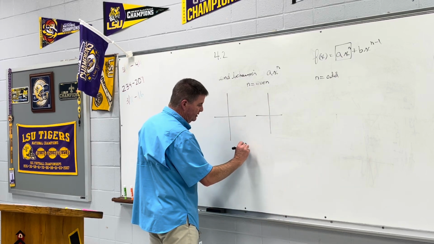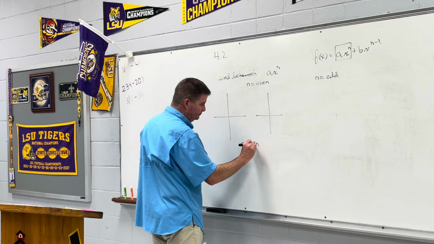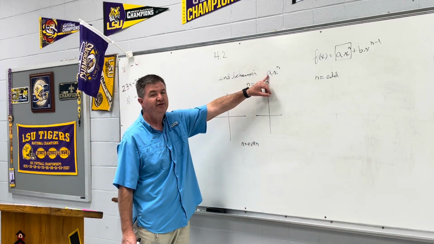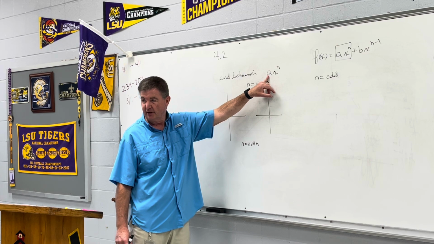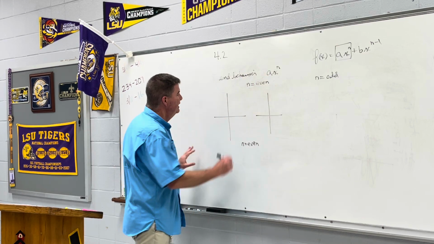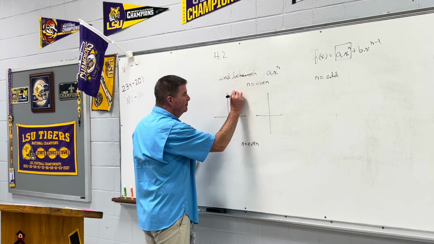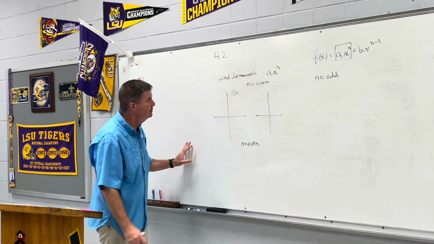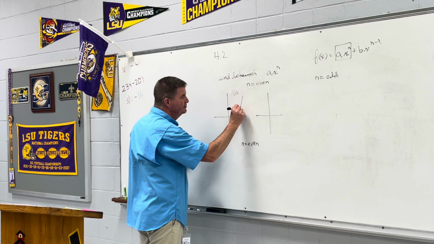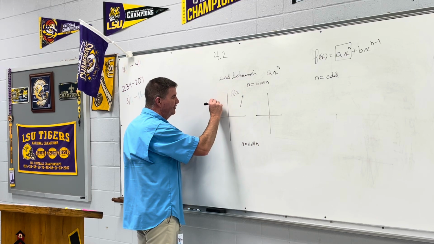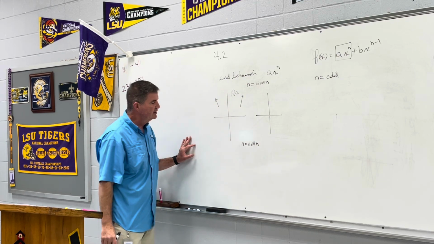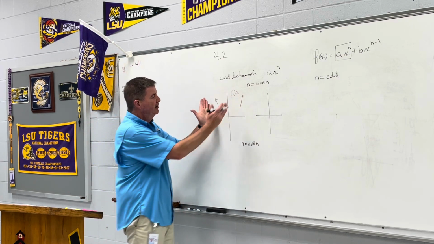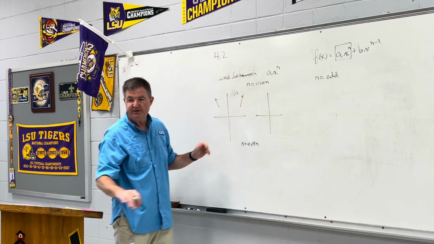If n is even, we then look at the coefficient a. If a is a positive number, then both arrows face the same way. They both face up. So n is even and a is positive, both ends go up to infinity.